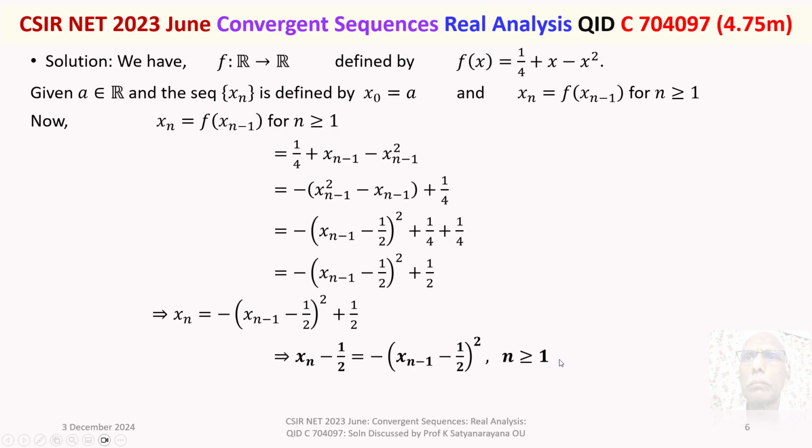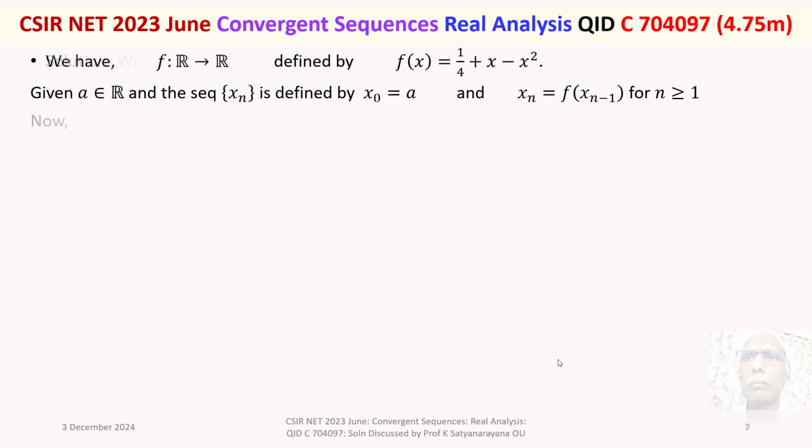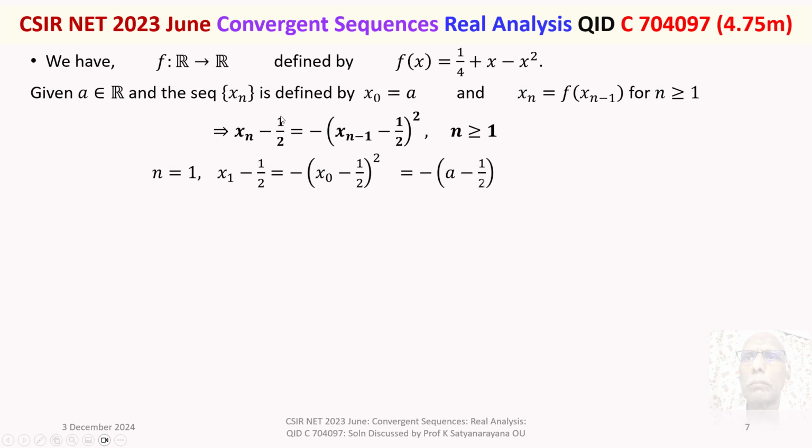Now let's generate the terms of the sequence using this formula. For n is equal to 1, x1 minus 1 by 2 is equal to minus x0 minus half square. But x0 is given to be a, so it is equal to minus a minus 1 by 2 whole square.